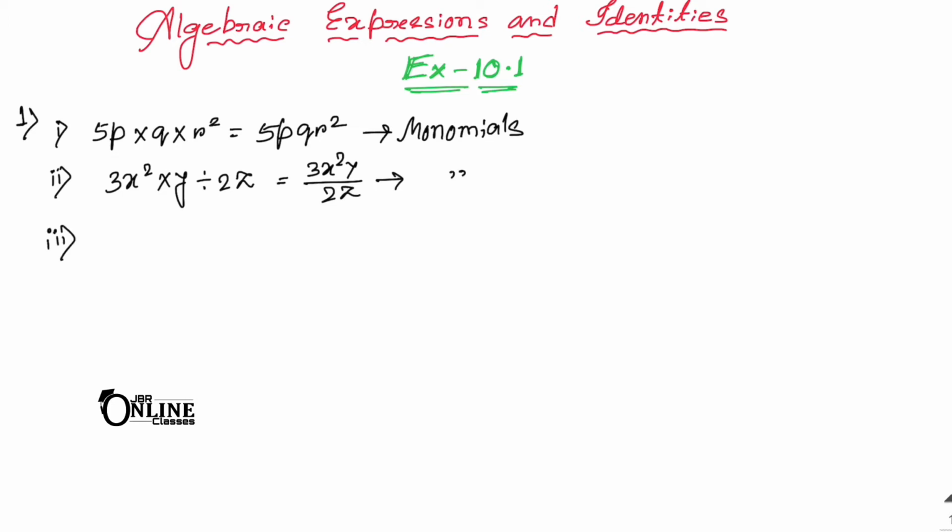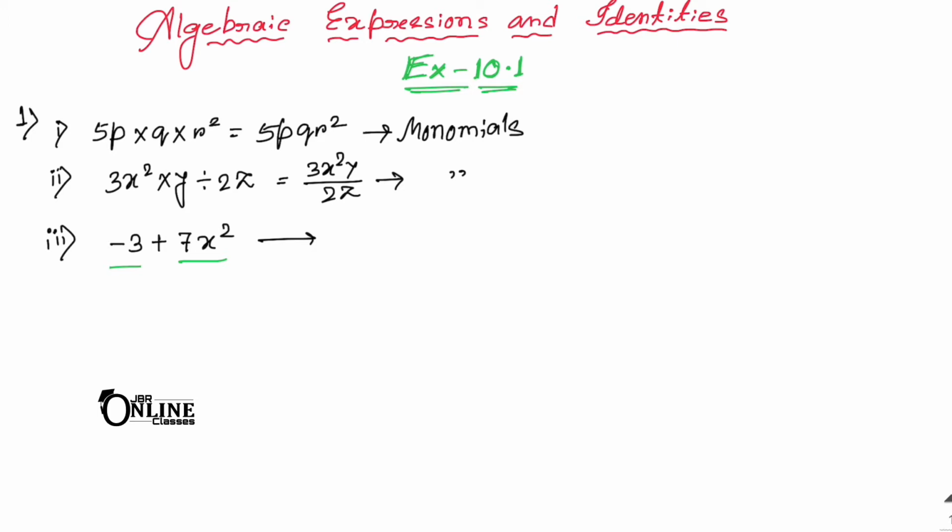Now number 3. In number 3, minus 3 plus 7x square. Now this expression has two terms. First term is minus 3, second term is 7x square. The terms can be separated by negative and positive, that means subtraction and addition.